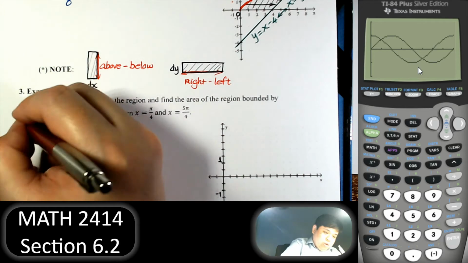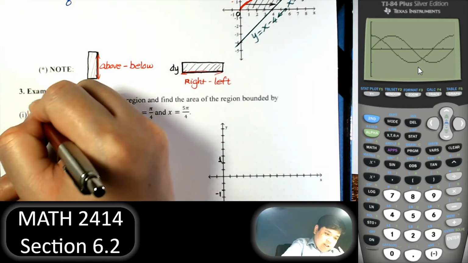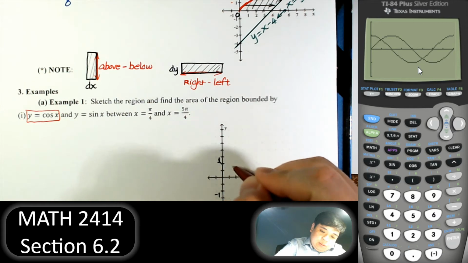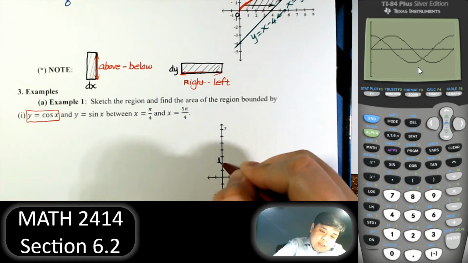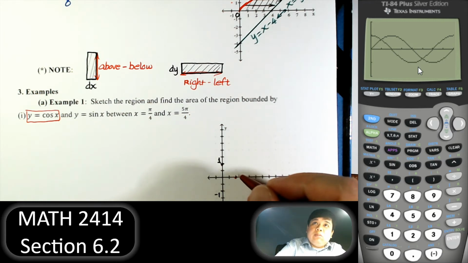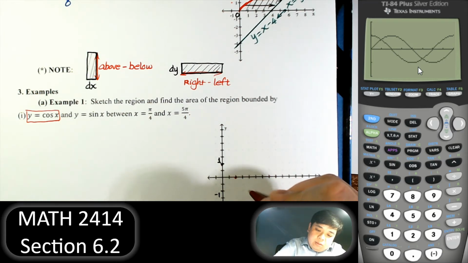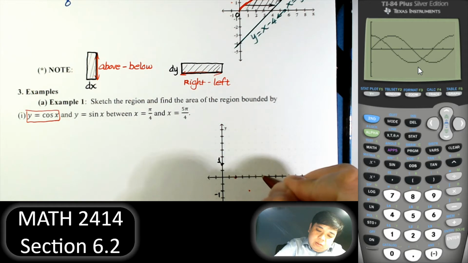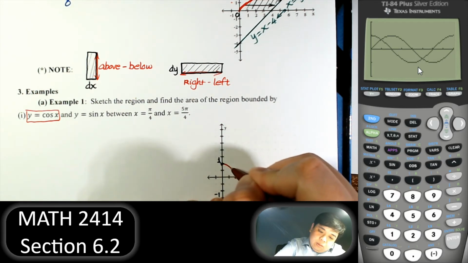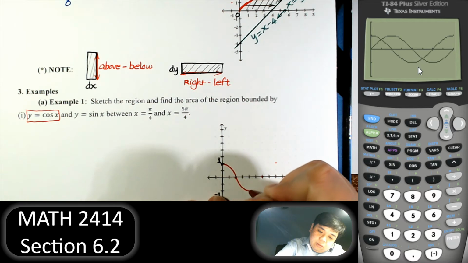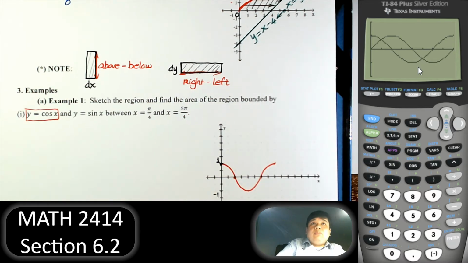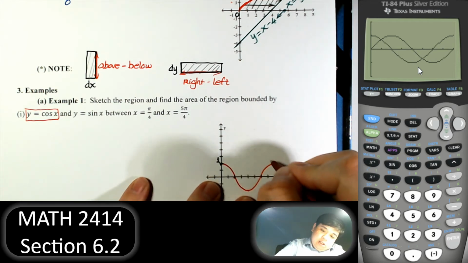So y equal to cosine of x. So from 1, 0, so that is cosine.